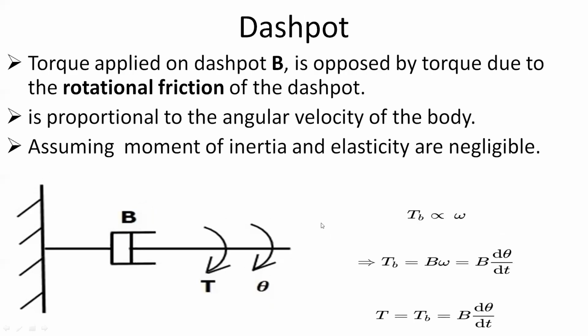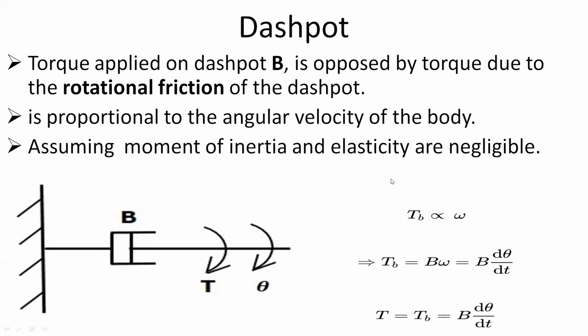Next we have the dashpot. Similarly, if a torque is applied to a dashpot B, then it is opposed by an opposing torque due to the rotational friction of the dashpot. Earlier it was translational friction. This opposing torque is proportional to the angular velocity of the body.